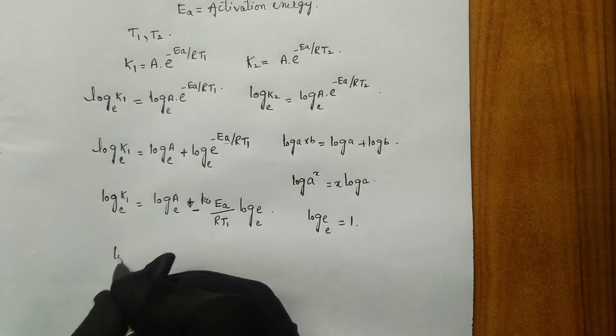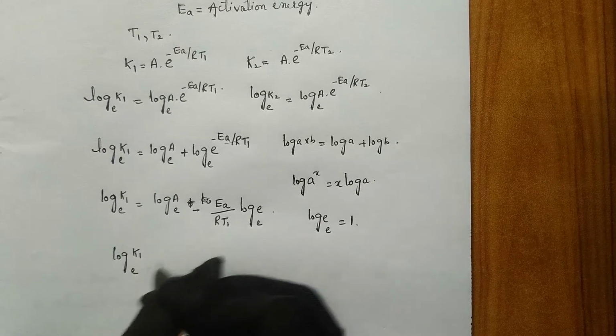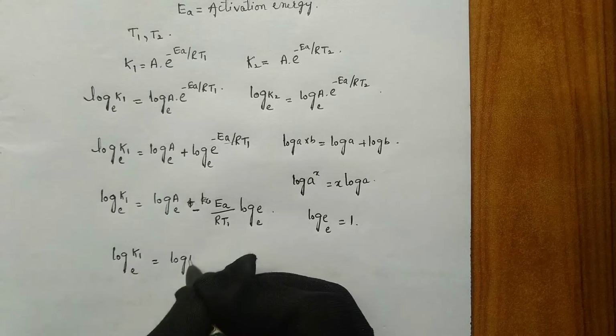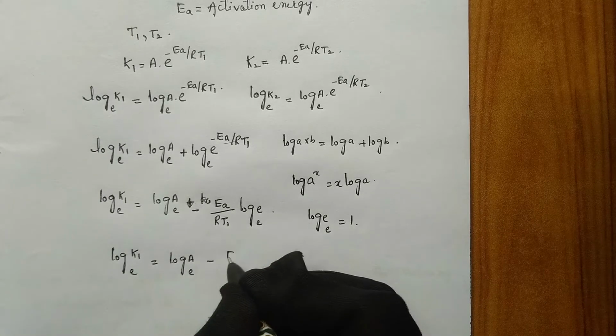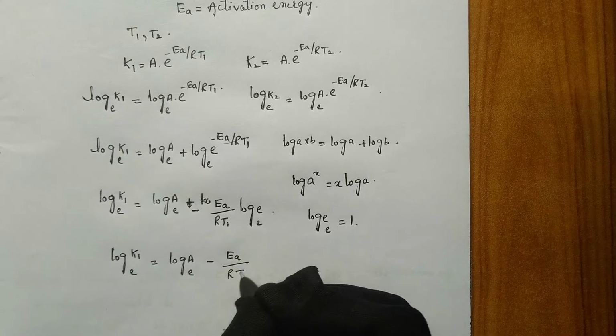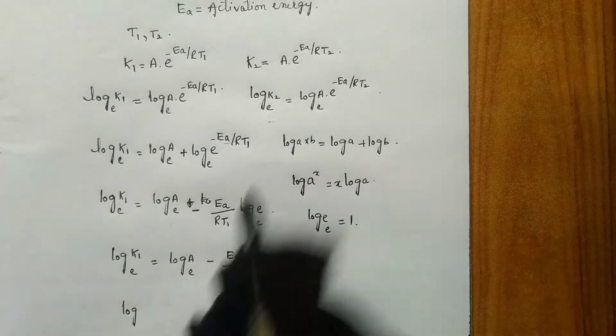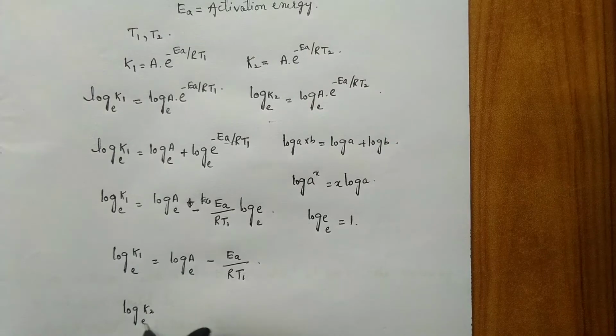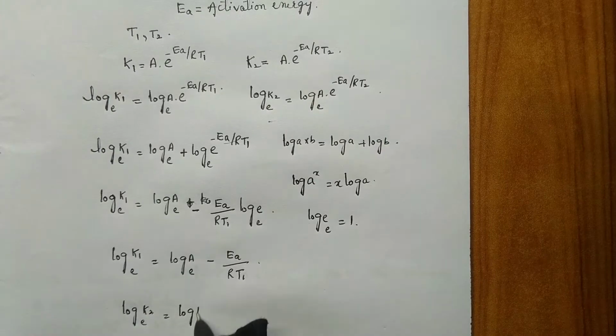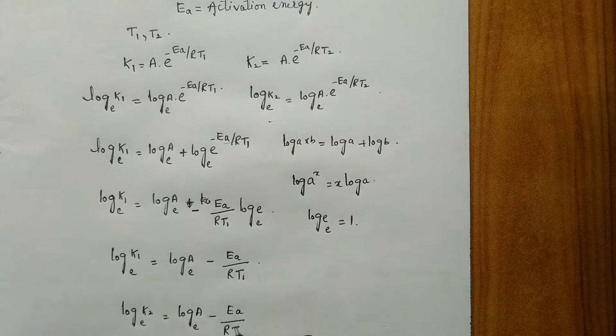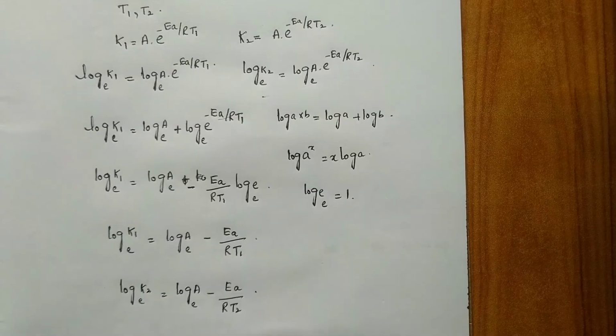So log K1 is equal to log A minus Ea by R T1. Similarly for this equation also we can write log K2 is equal to log A minus Ea by R T2, right?